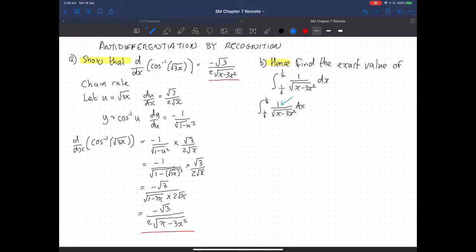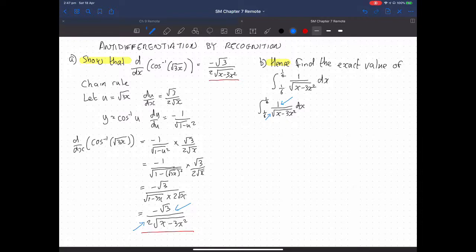On the result we've just got, there was a negative root 3. If you look on the bottom lines, there's no number in front of the square root of x minus 3x squared. That number is 1, but there is a number other than 1 on the result that we have just gotten. So again, this is using one of our mathematical tricks.